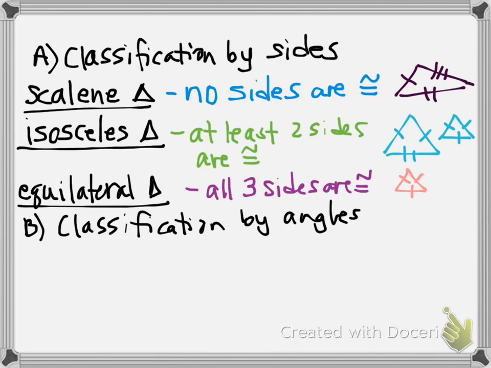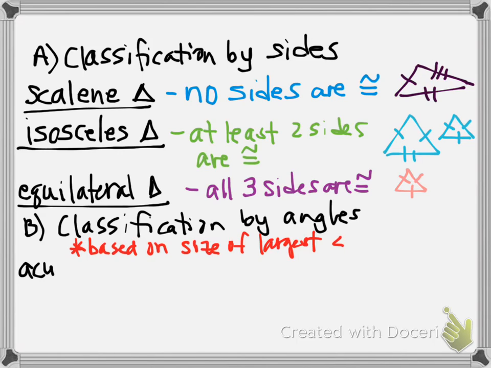Okay. Now, we base the name of the triangle on its largest angle. So, if our largest angle is under 90 degrees, then we have what's called an acute triangle.